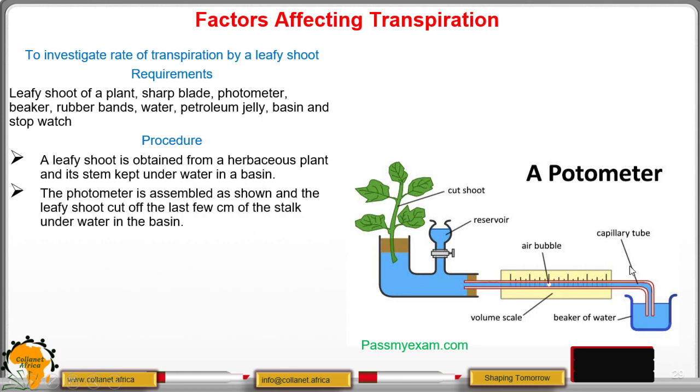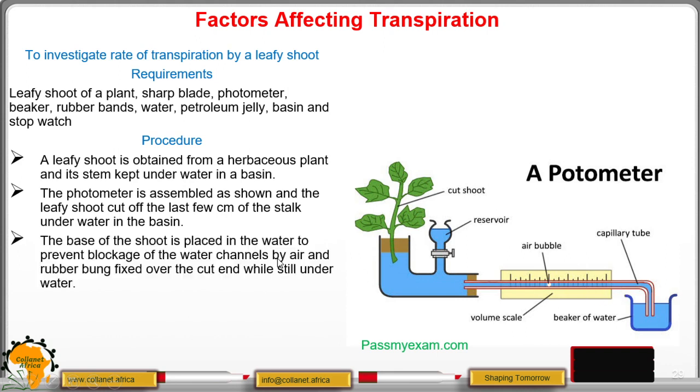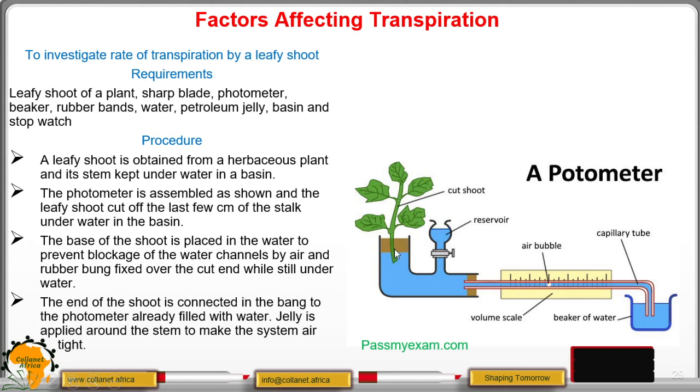And then the photometer is assembled, just as shown. And then this plant is fixed and cut. We are cutting underwater to prevent blockage of the xylem vessels by air. And then a rubber band is fixed. After fixing the rubber band, the plant is connected and jelly or oil is applied to make the system airtight. That is to prevent entry of air.